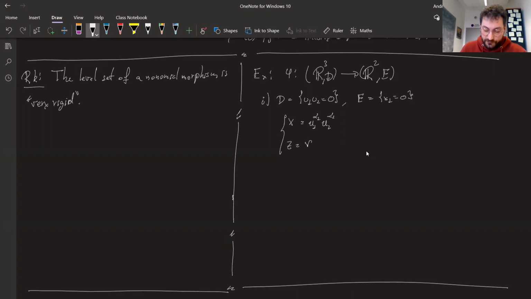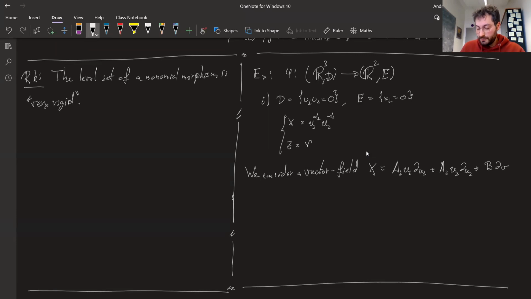So we consider a vector field X, which I'm also going to assume to be tangent to the divisor, so it's going to be of the form A1 u1 ∂u1 plus A2 u2 ∂u2, and then the B in the last one, plus B ∂v, right?